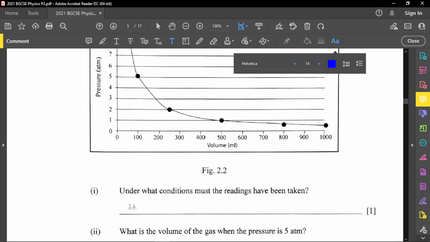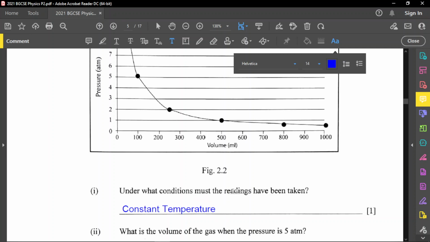Those are the properties that affect how a gas behaves. So here, temperature must be kept constant. Again, this is for Boyle's law. What we're investigating here is Boyle's law, at constant temperature.